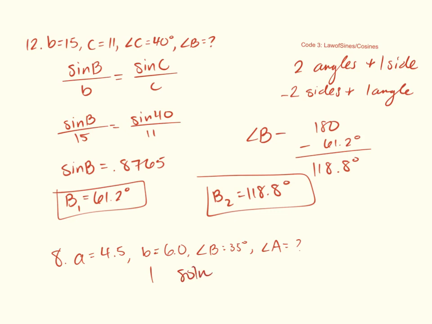Whereas in 12, the angle we're solving for is the larger of two sides, so there are two solutions. That's something to keep in mind, or maybe even to write on your note card and discuss with each other while you're doing your classwork on Wednesday.